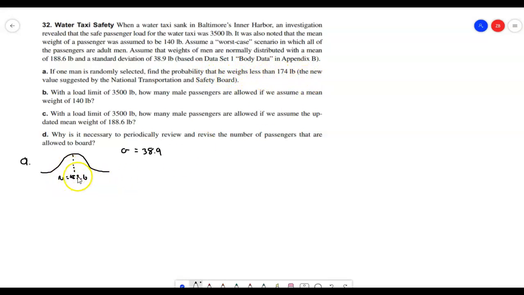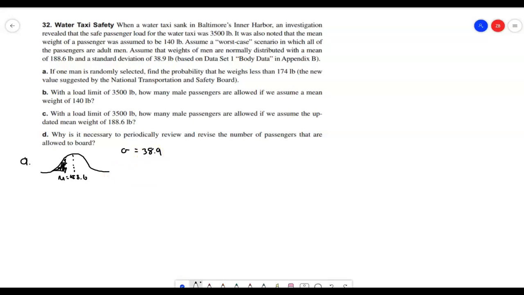So 174 is definitely going to be less than 188, so it's going to be somewhere over here. And then it's less than it, so we're going to shade this area. Now remember, half of this graph, if it was half shaded, would be 0.5. So less than half of this graph is shaded, so I know I'm looking for a value that's less than 0.5.